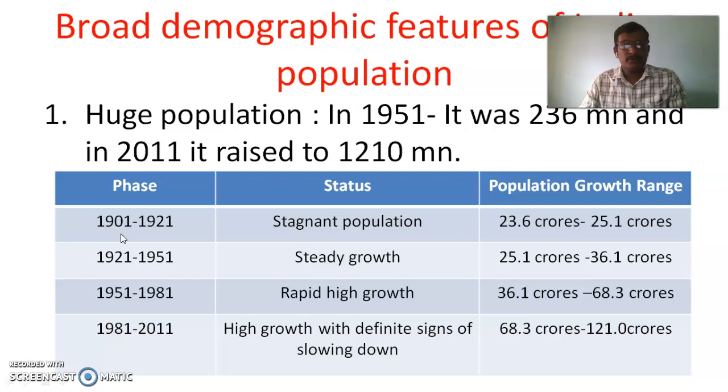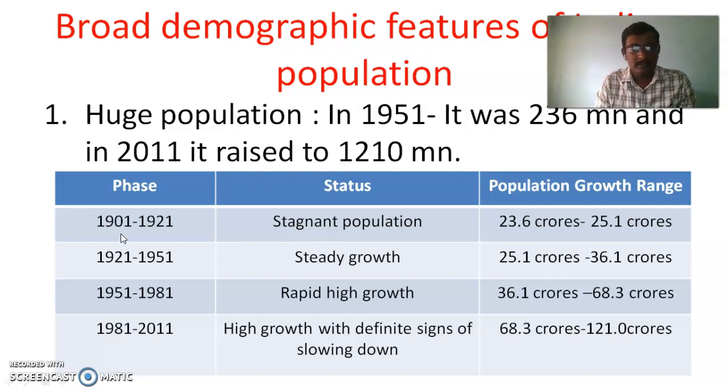One of the most important demographic features of the Indian population is its huge size. In 1951, India had a population of 236 million, which rose in 2011 to 1210 million. So you can look at this chart.